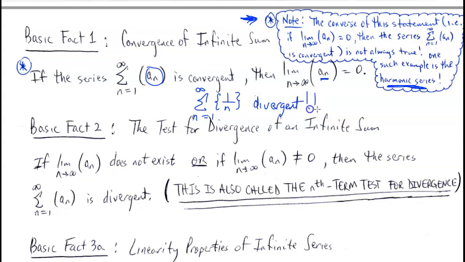is a divergent series. But if I take the limit as n approaches infinity of 1 over n, it goes to 0.